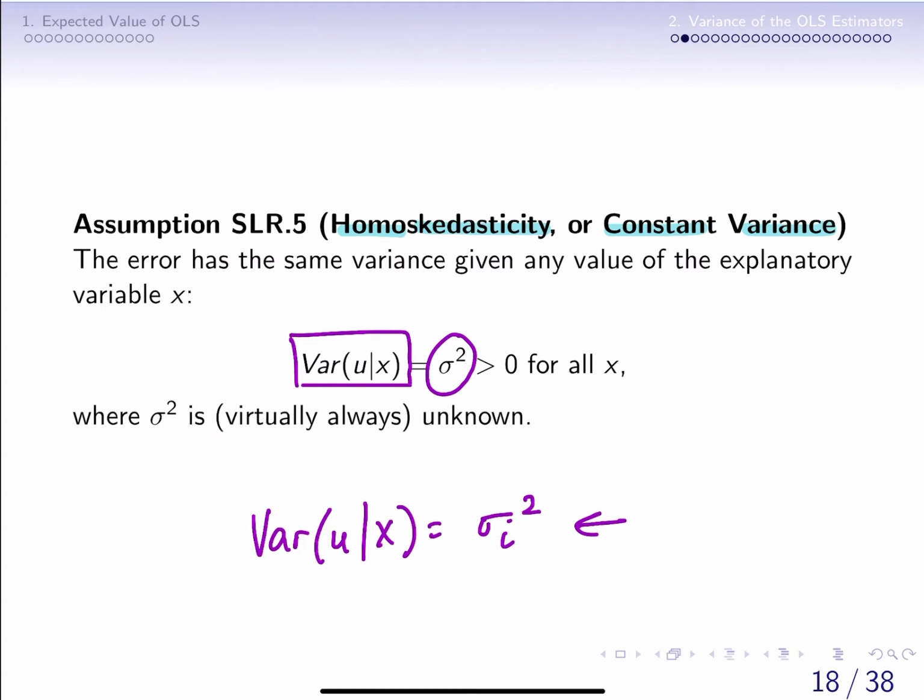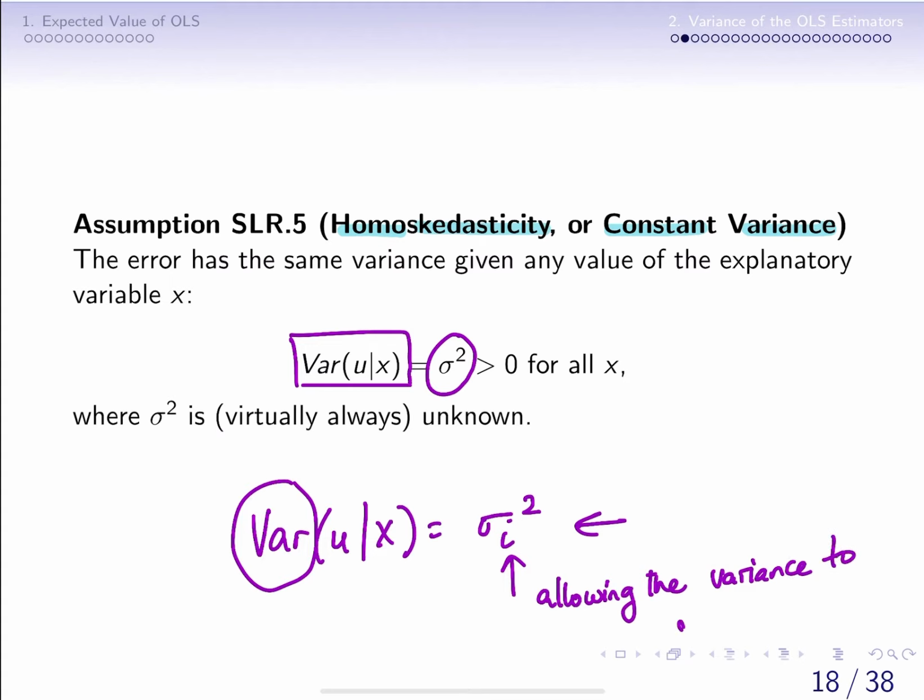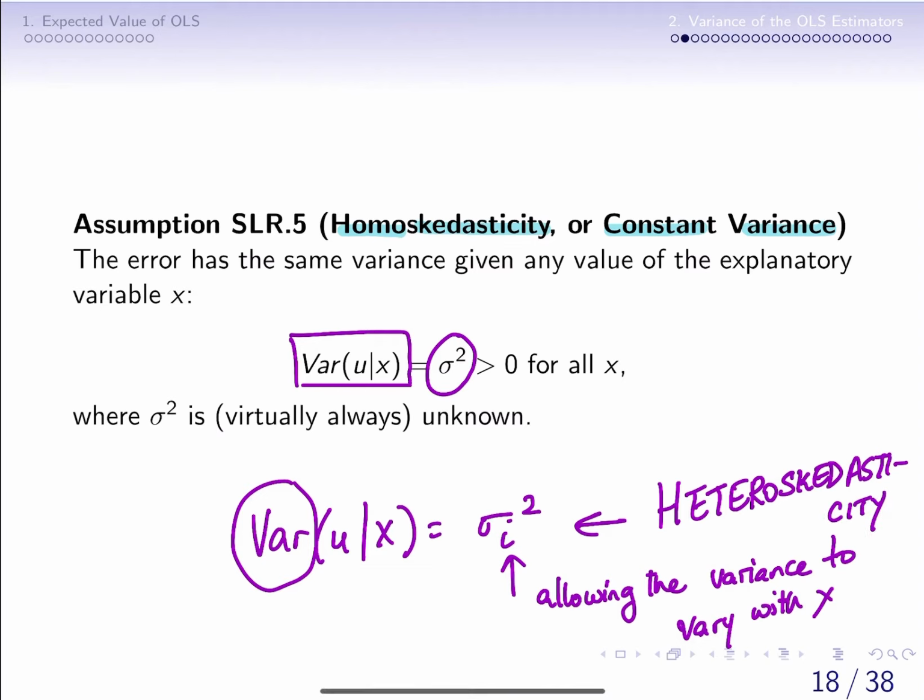When we write down this subscript i, we're saying we're allowing the variance to vary with x. So this is heteroscedasticity.